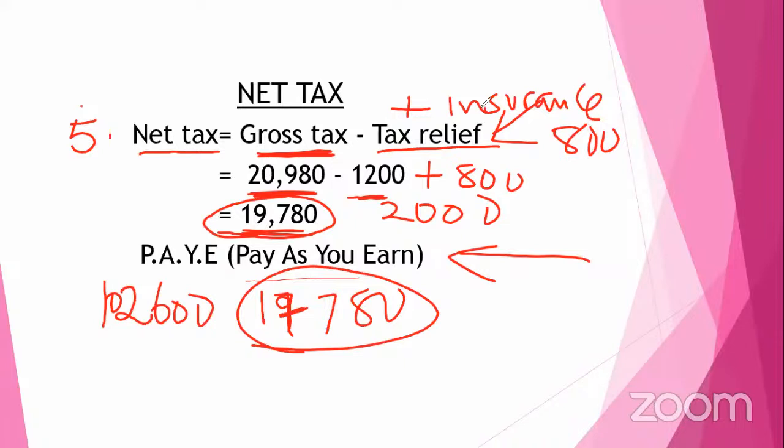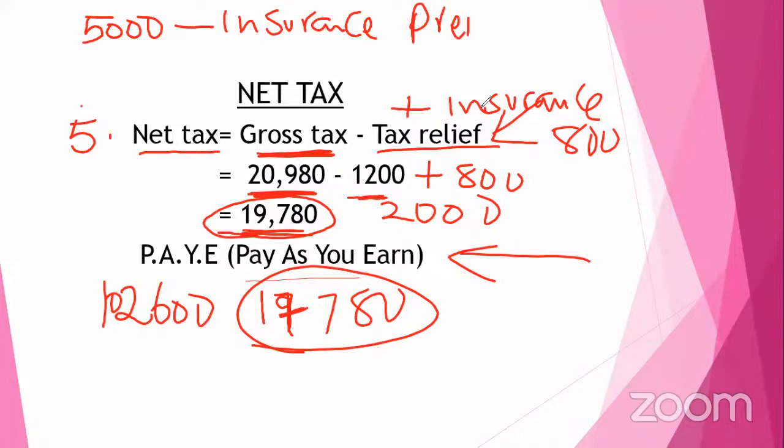Yes and no, it depends. Sometimes you are paying an insurance company a premium of 5,000 every month. Then you are relieved depending on the premiums. So you are told your insurance relief is 10% of the insurance premium.